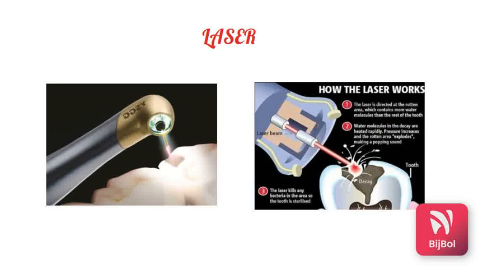The water molecules in the decay are heated rapidly, the pressure increases, and the carious area explodes, making a popping sound. Here the laser kills the bacteria in the area and the tooth is sterilized. That's how this recent technology of the laser beam works, by sterilizing the cavity and also by removing the bacteria.